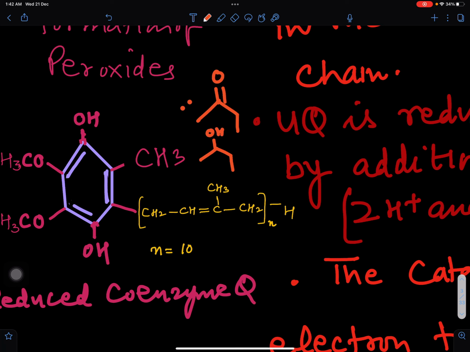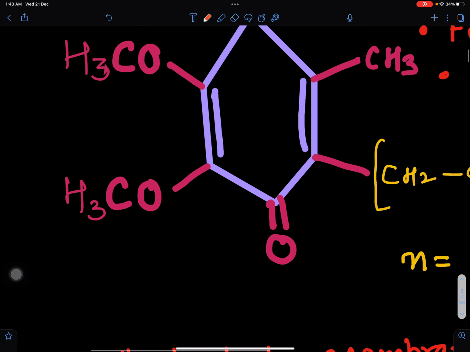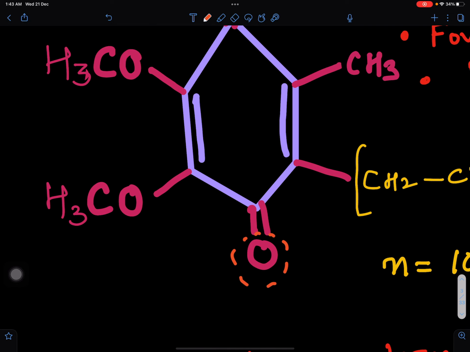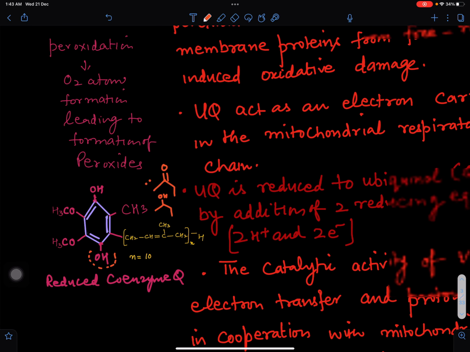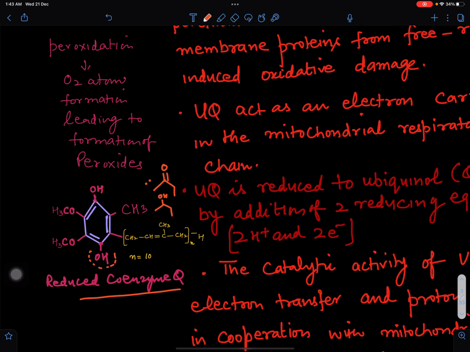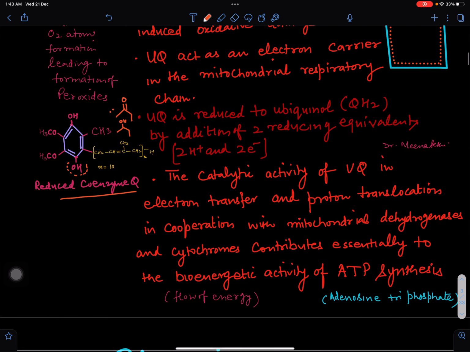So here also this area has changed into OH form. So we can compare with this. Here it is oxygen. Now it has been changed to OH form. So this is the reduced coenzyme Q, which has been reduced by addition of two hydrogen atoms. So this is called the reduction process.